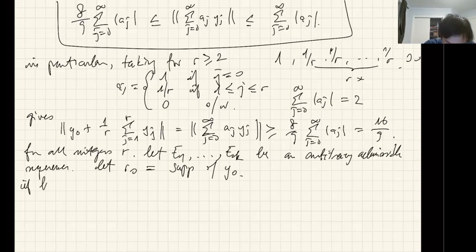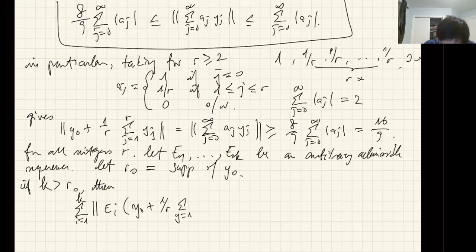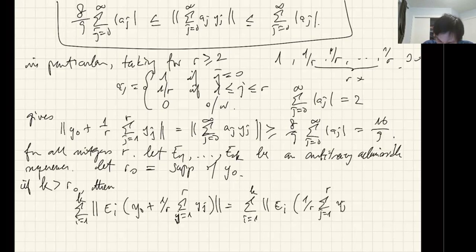So if K is greater than R0, then this sum i equals 1 to K of Ei applied to this vector, which is j equals 1 to r of yj. You can throw out the Y0 part because the supports don't actually line up. So this is the sum i equals 1 to K of Ei of 1 over r times the sum j equals 1 to r of yj.